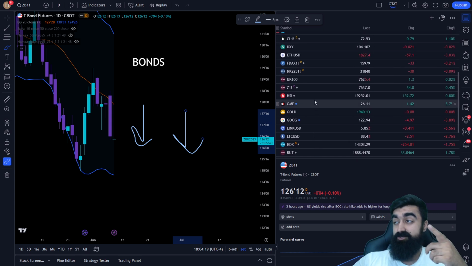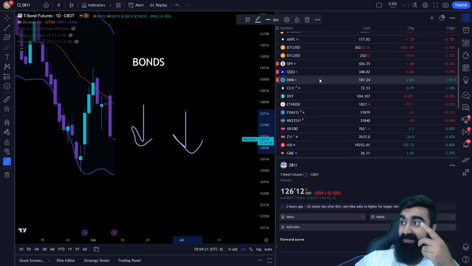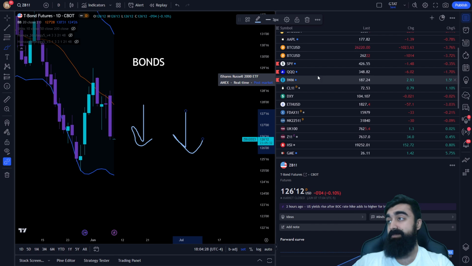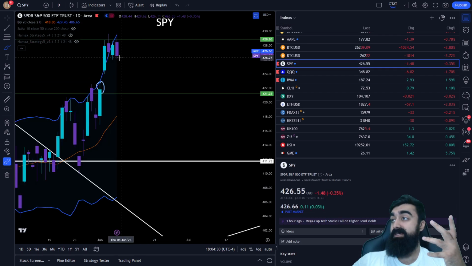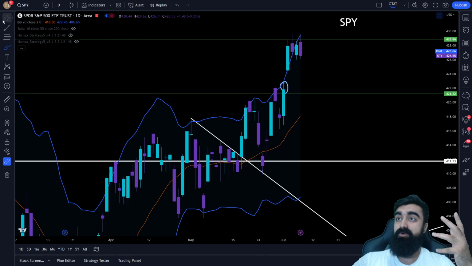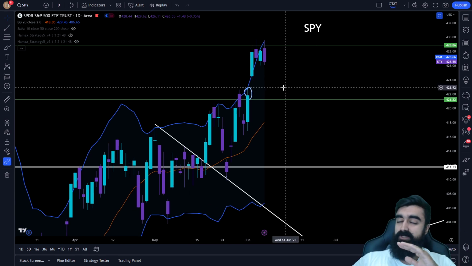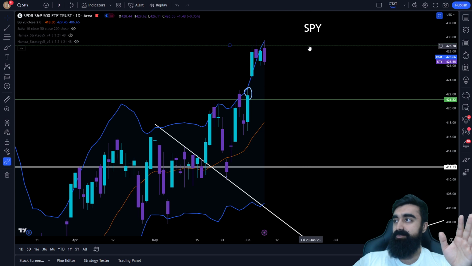The NASDAQ was also showing a lot of weakness, and the Russell is showing a lot of strength. So the Russell had a 1.5% green day, and the SPY could not have a green day. So it goes to show how much the Russell has an impact on the S&P 500. And I just want to make this very simple.